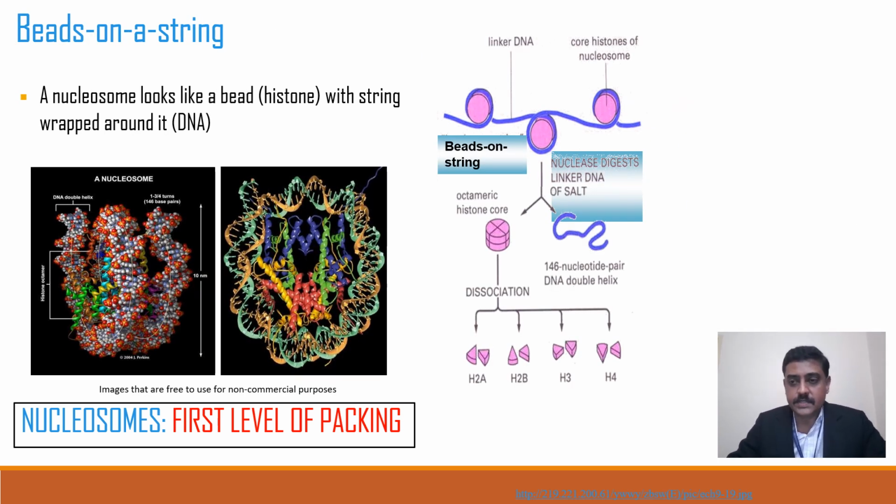When nucleosomes are visualized under the microscope, we basically observe a string of beads, wherein the beads represent the histones and the string represents the DNA that is wound around it. Here we have also tried to show you the three-dimensional as well as the two-dimensional image of the nucleosome units.